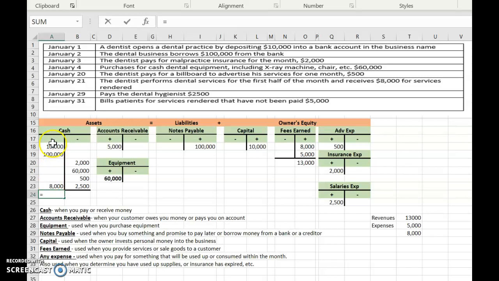So we say 10,000 plus 100,000 plus 8,000 minus 2,000 minus 60,000 minus 500 minus 2,500, and our cash balance is 53,000. And we put it on its normal side because it's on the increase side. If it happened to be a decrease, then that means we are overdrawn and we have negative cash, but we have 53,000 in our account right now.